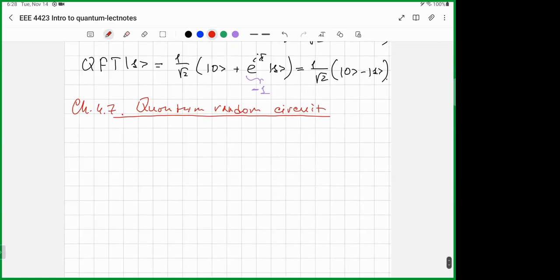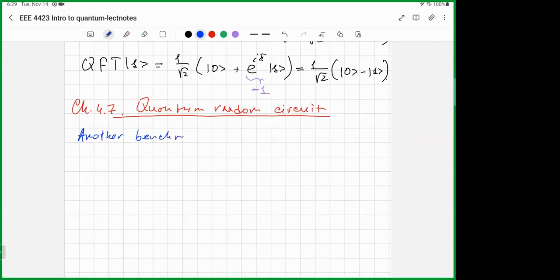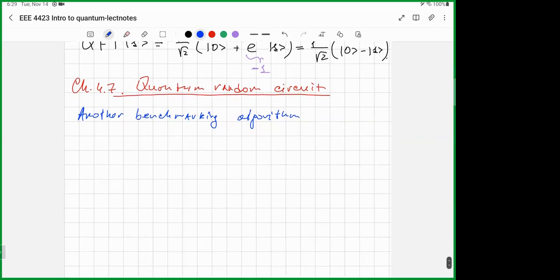Essentially, this is just another benchmarking algorithm. For example, it was used to demonstrate the quantum supremacy in 2019 by the company Google.